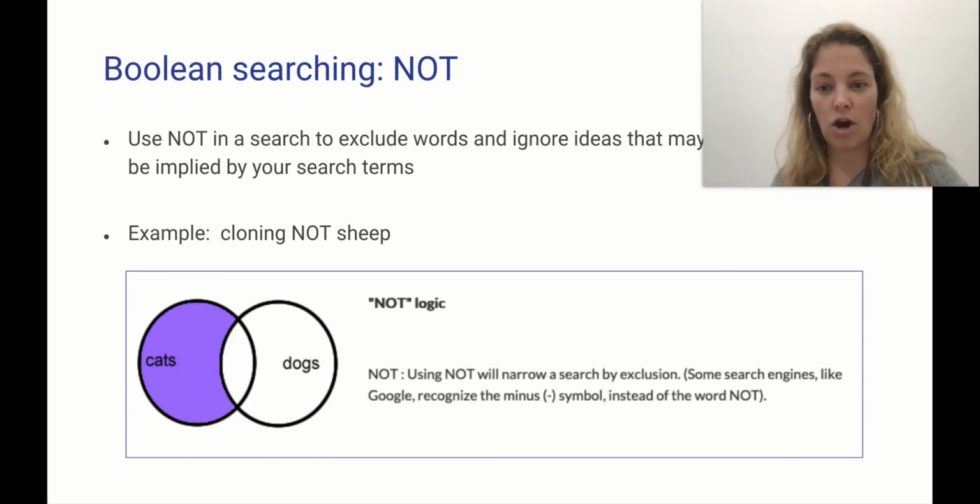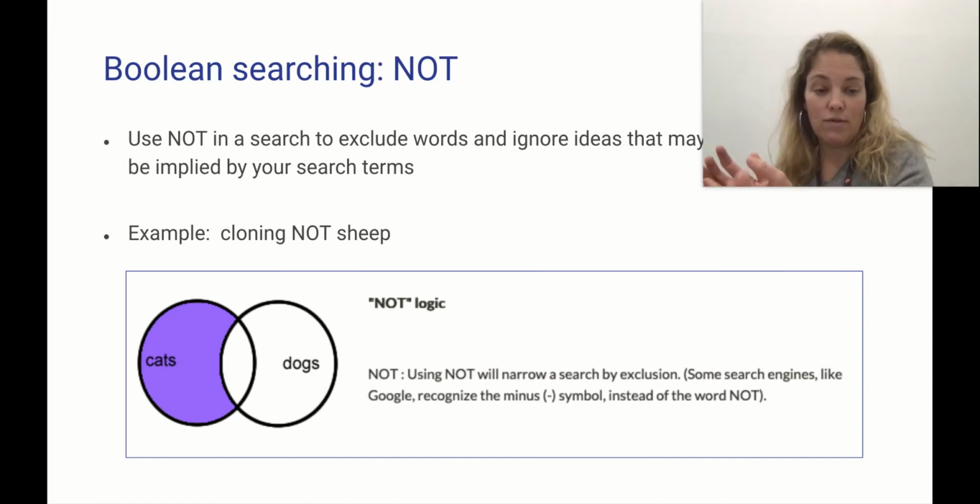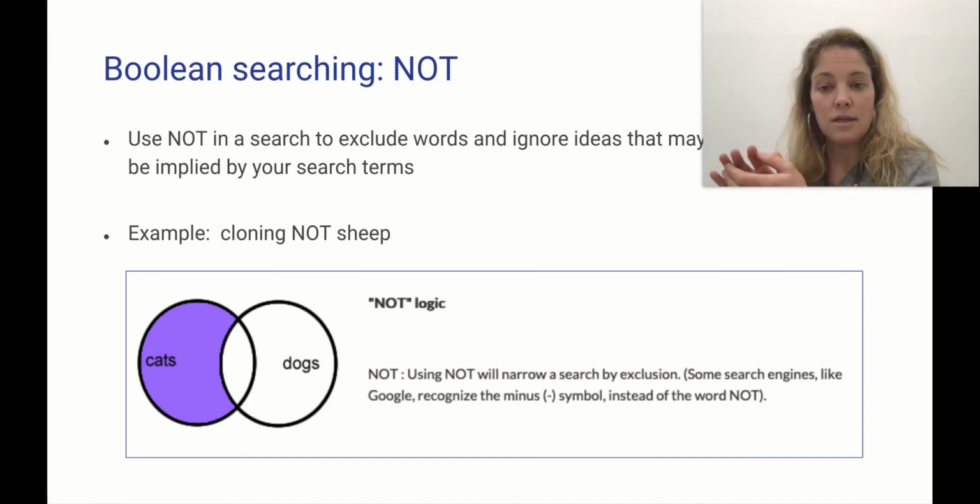So it's a little more of a broad search. The last one is not. This is where you can exclude things from your results. For example, cloning, I want results about cloning, but I don't want to hear any more about sheep. Okay, so cloning, not sheep. It'll give you lots of cloning results.